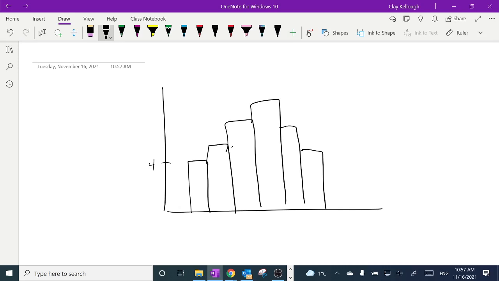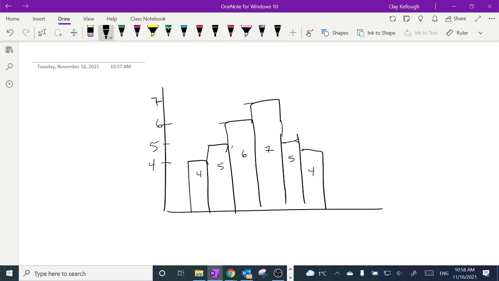So if this was 4 units, and this was 5 units, and this was 6 units, and this was 7 units, then, why don't I just shrink this down a bit? I don't want to deal with halves, do you? So this is 4, this is 5, this is 6, this is 7, this is 5 again, and this is 4 again.